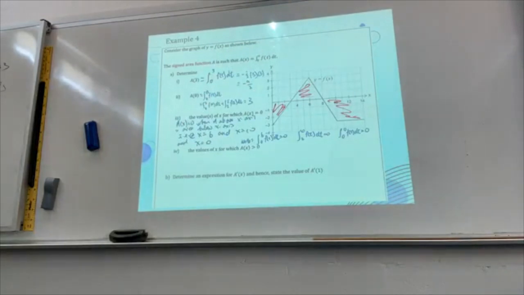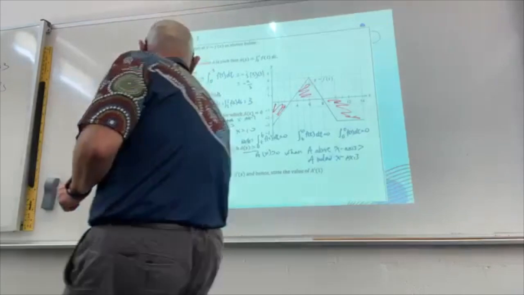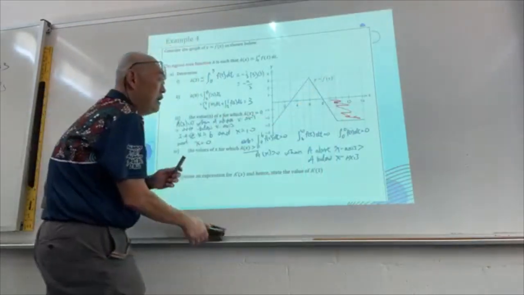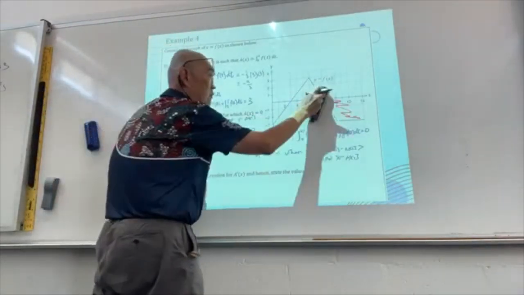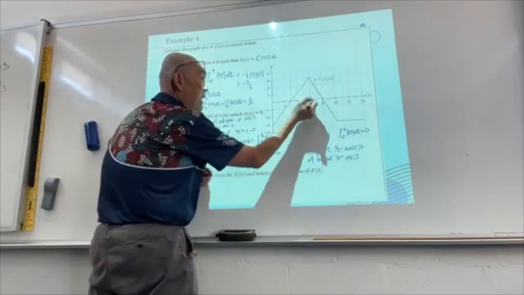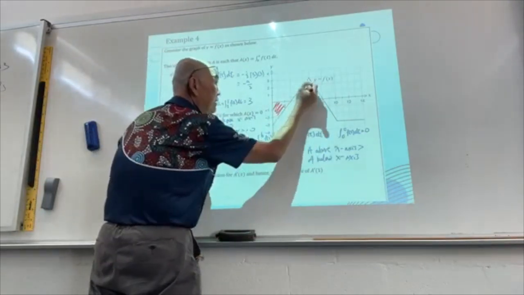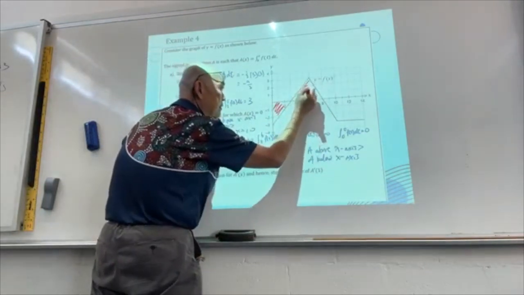A(x) is greater than 0 when the area above the x-axis is actually greater than the area below the x-axis. If I move across, I know that this point here, this area, is the same as this area. Correct?